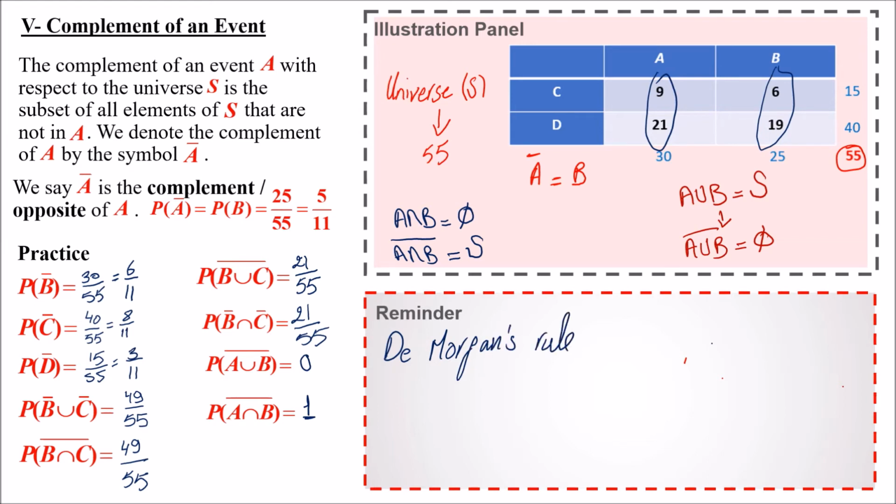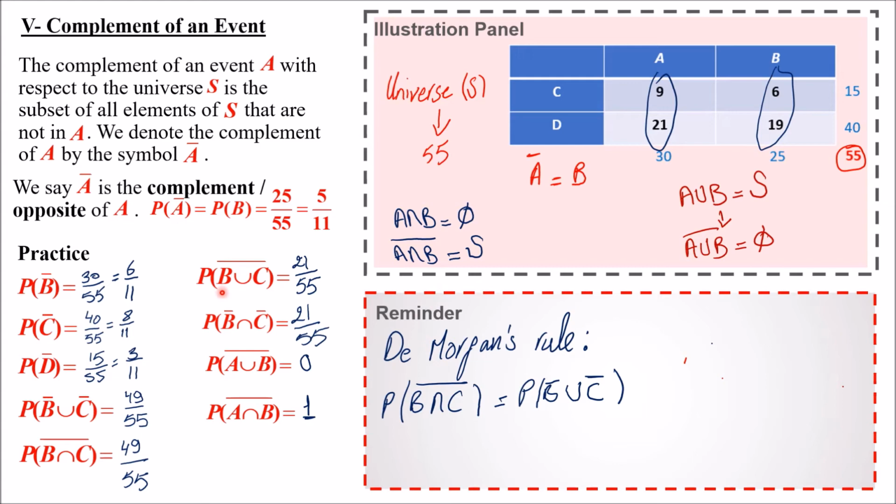Which states, this is very important, that the probability of (B intersection C) all bar is equal to the probability of B bar union C bar. Also, have a look at this.